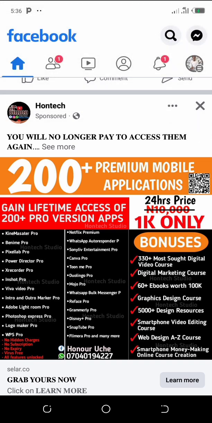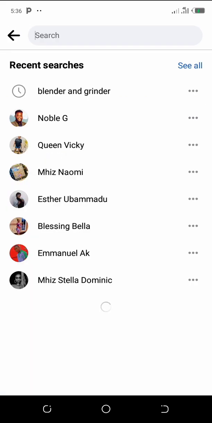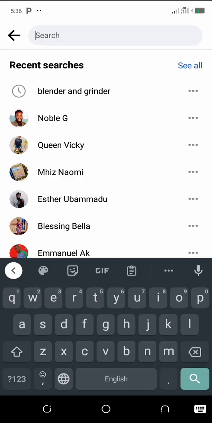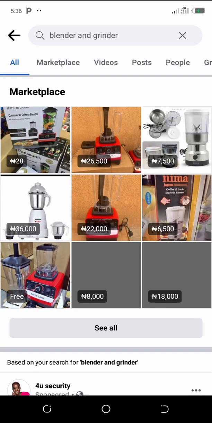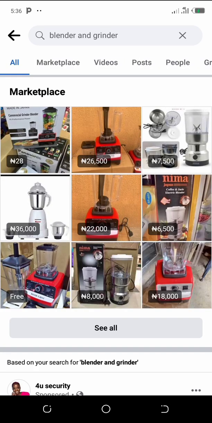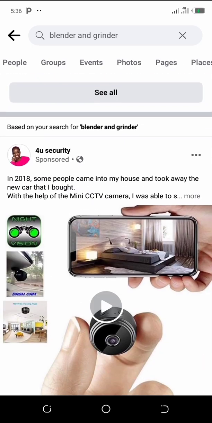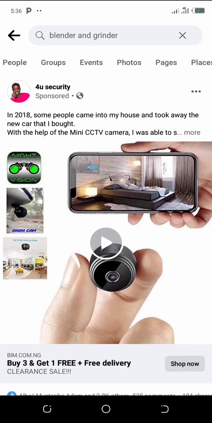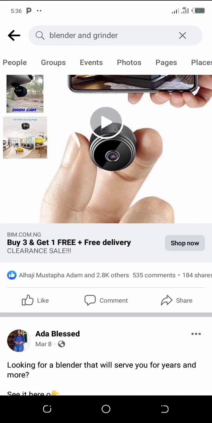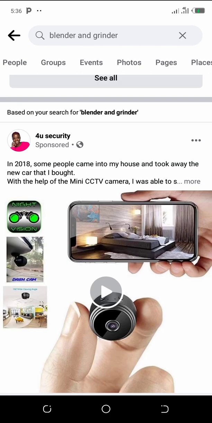Okay, let's take for example, you sell a physical product. Let me click on the search bar. Let me look. Okay, blender or grinder. Let's see if I'm going to see an ad that is talking about this. Okay, the reason I'm seeing this ad is because I've sold a physical product. Yes, I've sold this before.